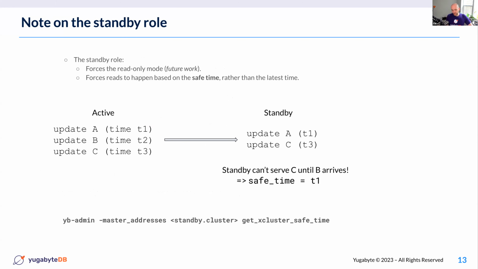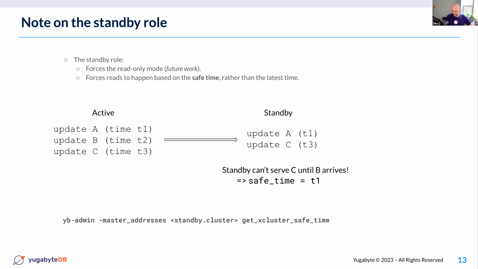I also want to make a note on what this standby role means, because this provides two things, and there are two reasons why we have this designated read-only standby mode. First of all, it makes sure that the cluster is actually read-only. I said that we assume that updates only go to the active cluster, and standby mode will enforce that.